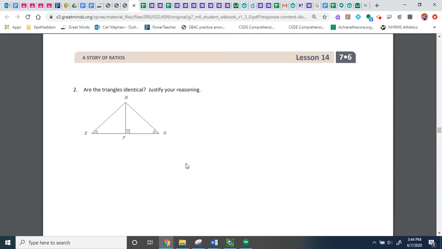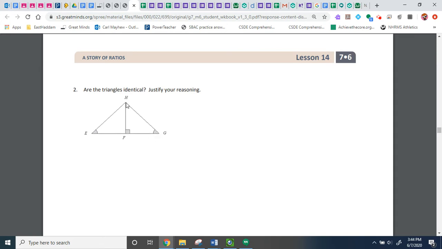How about this one? What I'm seeing here is that they do share this side, HF. We have those two triangles, and we see that this angle is congruent to this angle right here.